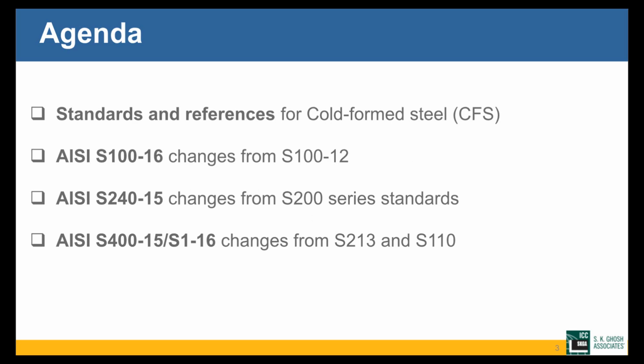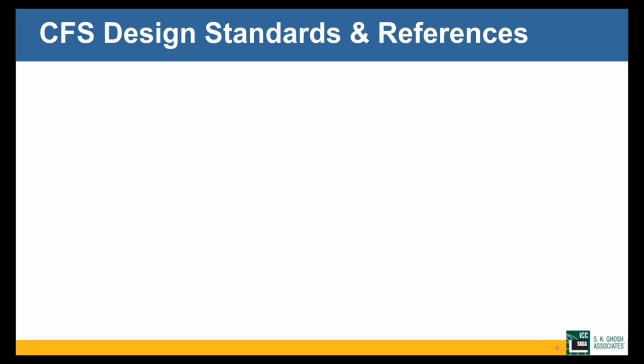Some people call it the standard, but it's the specification, AISI S100. What's happened in the 2016 version versus the 2012 version. And then AISI S240-15, and S415 / S116, which means Supplement 1, 2016. That's what's adopted by the 2018 IBC. So let's jump into the presentation.